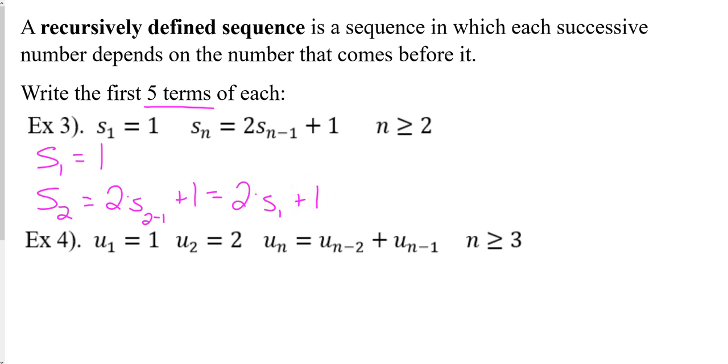Well, you can see that s sub 1, we already found up top here to be 1. So this is 2 times 1 plus 1, which is 3. Now what you should start to realize here is that s sub n minus 1 always stands for the previous term.